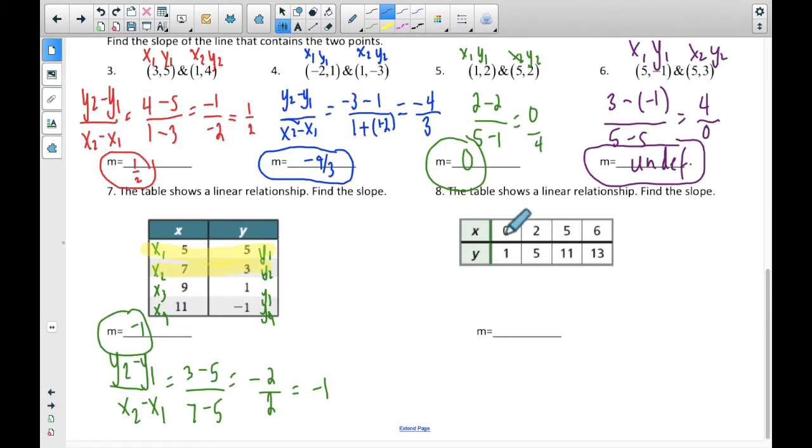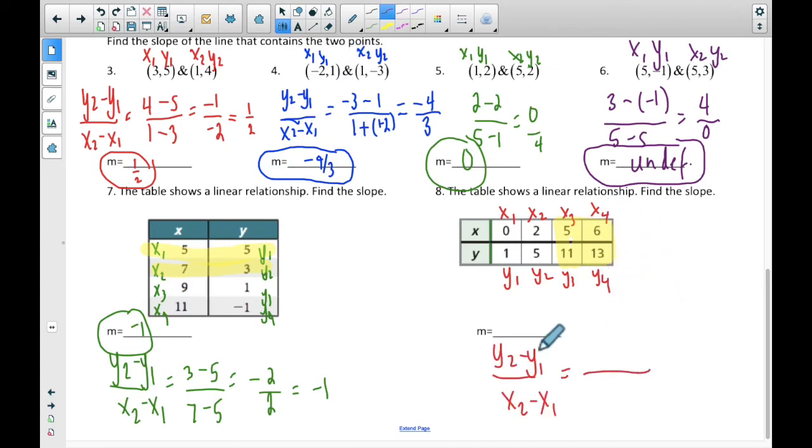All right, same thing here. We could say that this is x sub 1, x sub 2, and the same thing for my y's. So again, I can pick any of them. You know what, just to change things up, I'm going to pick these two. Now, I have to go in order.